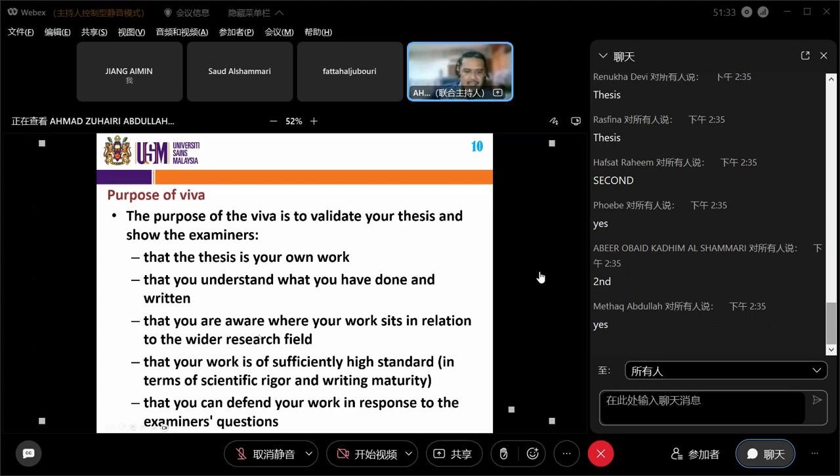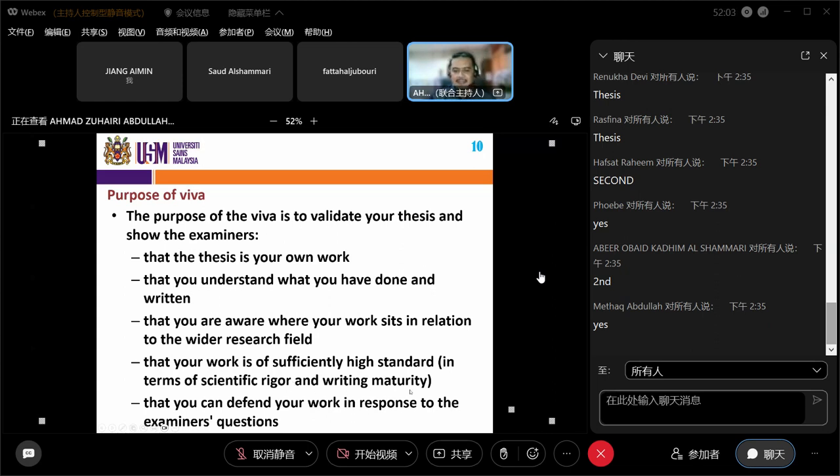Okay, and to show that you are aware where your work sits in relation to the wider research field. That's why I said just now, you won't be able to know everything, but if you are able to relate with the area in the bigger picture, then at least we can see the contribution of that particular research work. Okay, that your work is of sufficiently high standard in terms of scientific rigor and writing maturity.